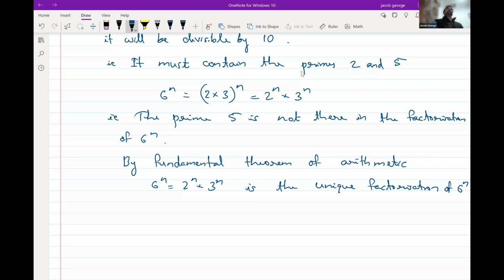The fundamental theorem of arithmetic says this factorization is unique, right? We cannot write a 5 according to our wish. So this is a unique factorization.